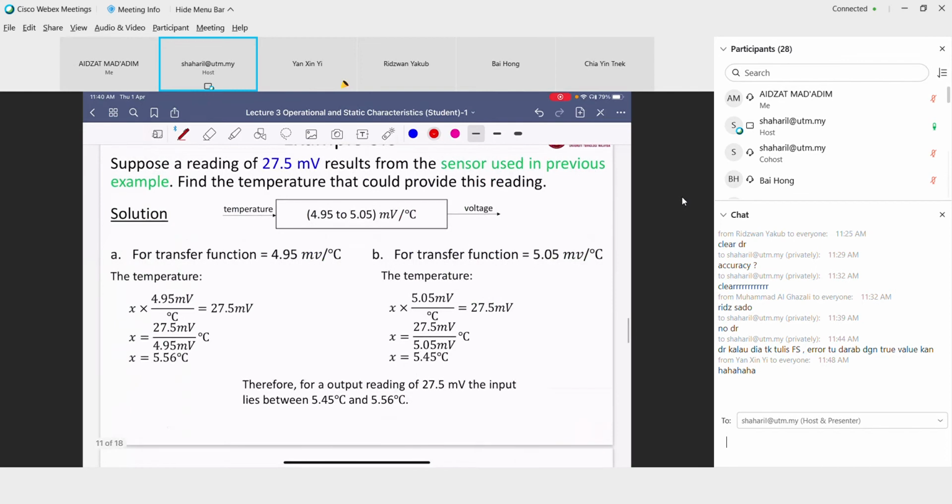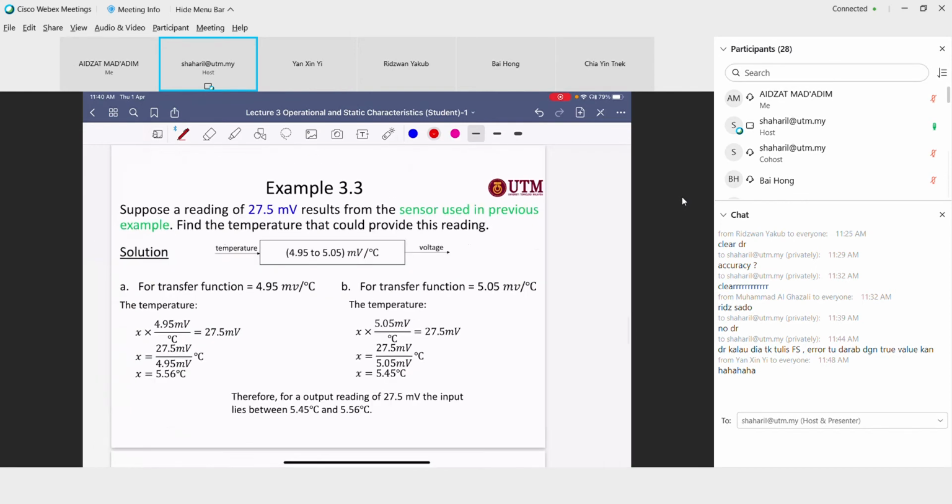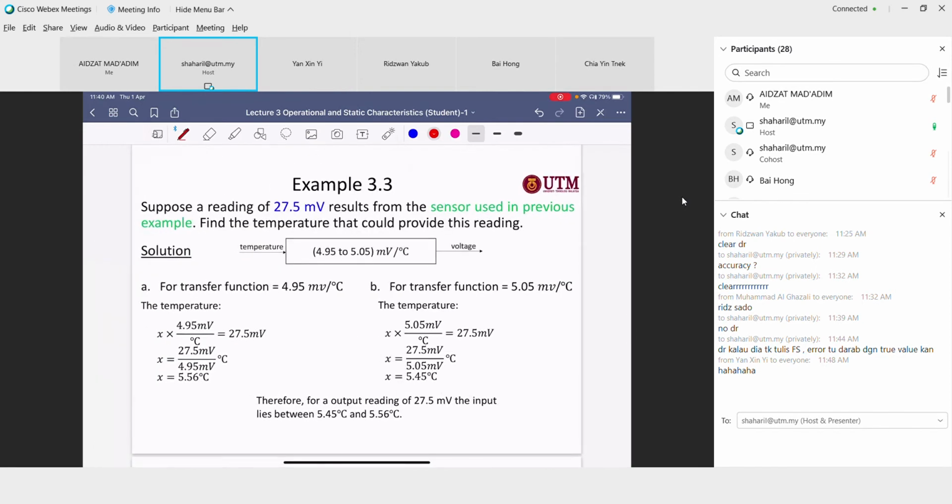Okay. Let's move on. Example 3.3. Now you have the possible transfer function from the previous example, and then it gives you a situation. You got a reading of 27.5 millivolt. So what is this temperature? It's quite simple.